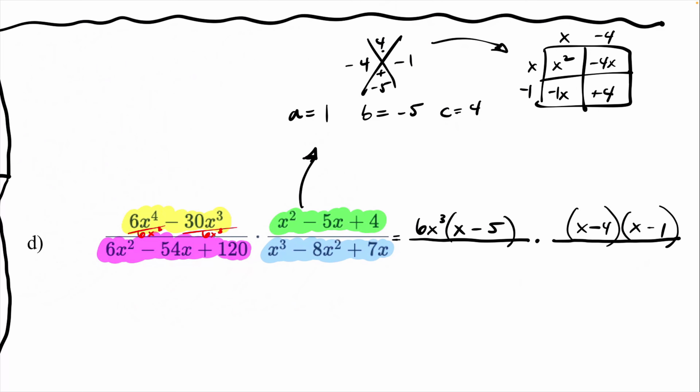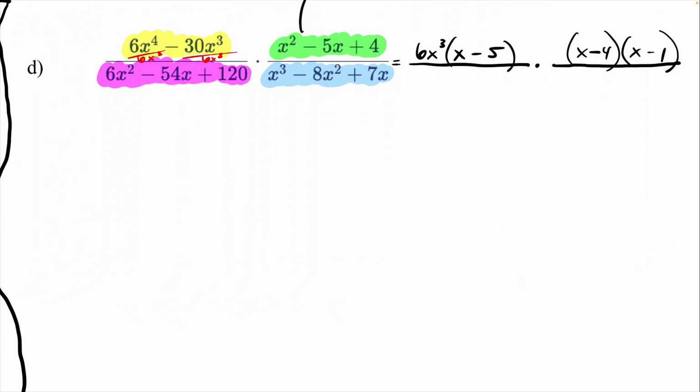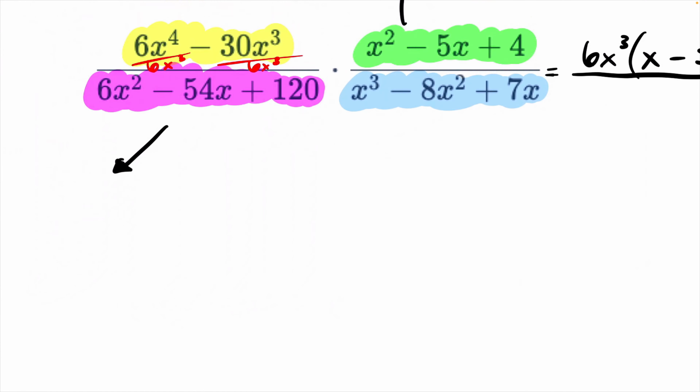Okay. Now let's move to the pink. So the thing with the pink, though, is it's a trinomial, but it also has a GCF. I can divide all of the pink by 6.